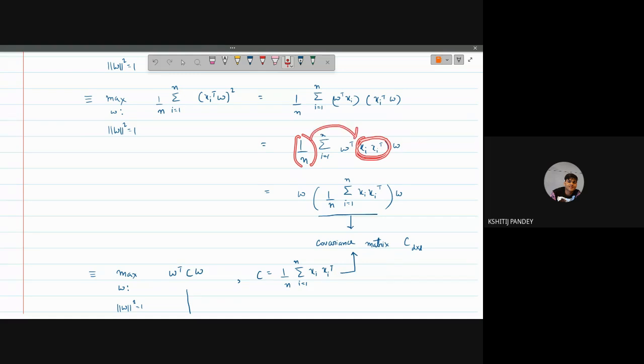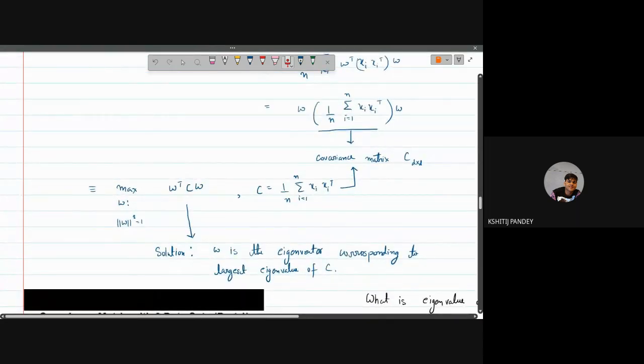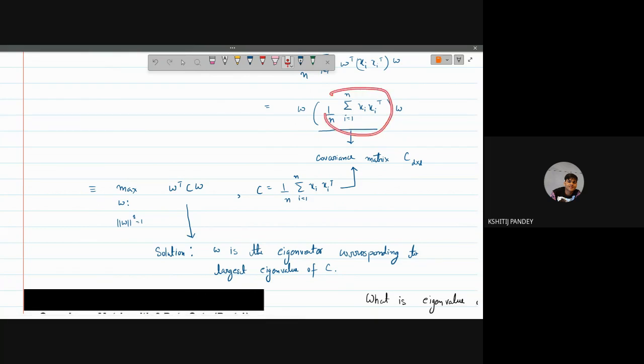The reason why we are dealing with average error is that this quantity right here is a matrix, and this entire quantity is the covariance matrix. We'll talk about what a covariance matrix is. This matrix here is familiar to us. So now the equivalent problem is that this is the covariance matrix, which is represented by C.